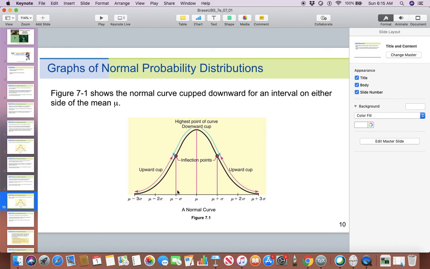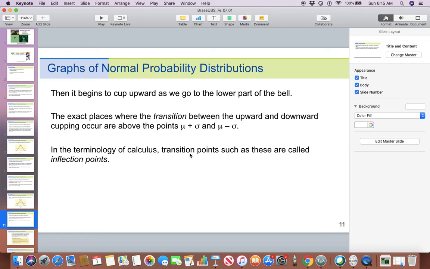So one standard deviation away, you notice how the concavity has changed. This is concave up and then concave down. Likewise, here it's concave down and here it is concave up. All right. So such transition points are called inflection points.